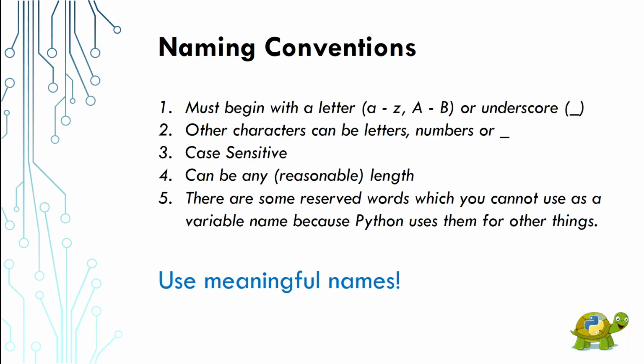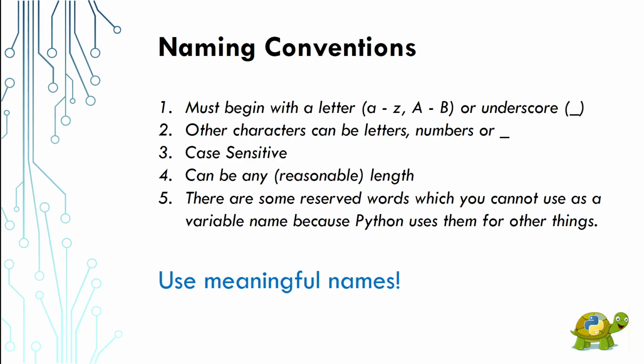Variables can be of any length, but don't try to make them too small unless you're really representing the value of x, and don't make them too big either, because you're the one writing the program, so you don't want to write a 10-letter word for a variable. And there are certain words you should not use as variable names. For instance, the word turtle would be a bad choice for a variable name because you're already importing turtle, where turtle is a library.